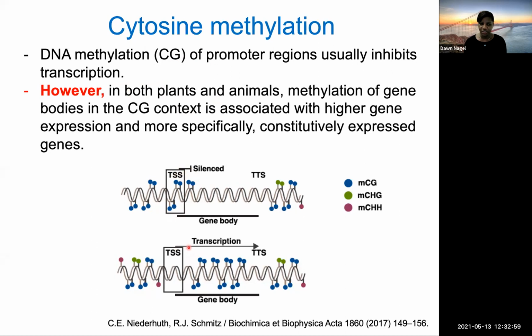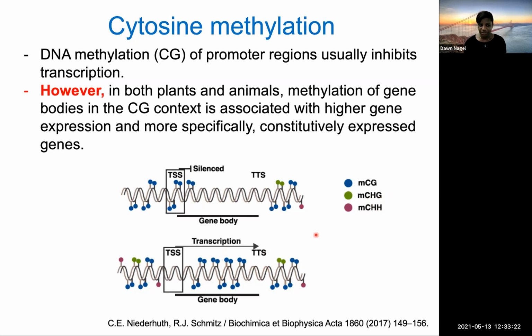If there is CG methylation within the gene body, this has been associated with activation of gene expression. There are other types of gene body methylation which can occur in either the CHG or CHH context, and that's often associated with gene repression, but we're not going to focus on that for this class.